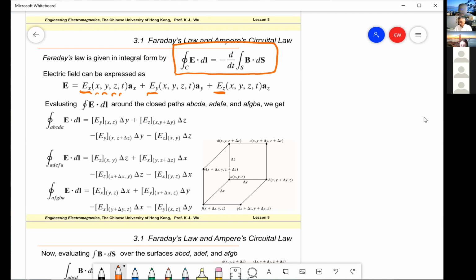We have our coordinate system, X, Y, Z. Then we find a point, sorry, this is not right.